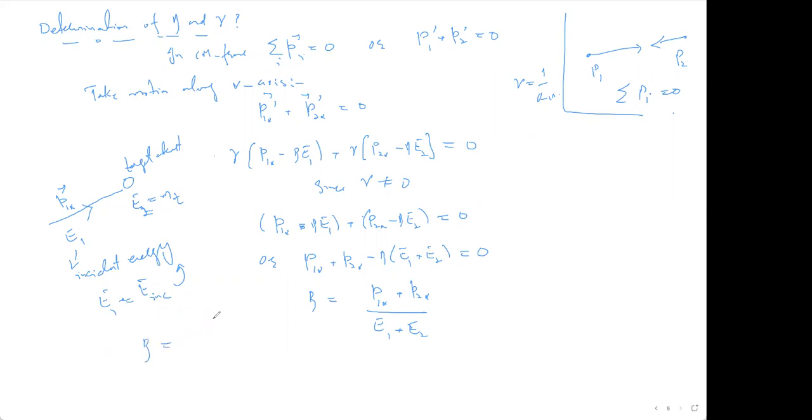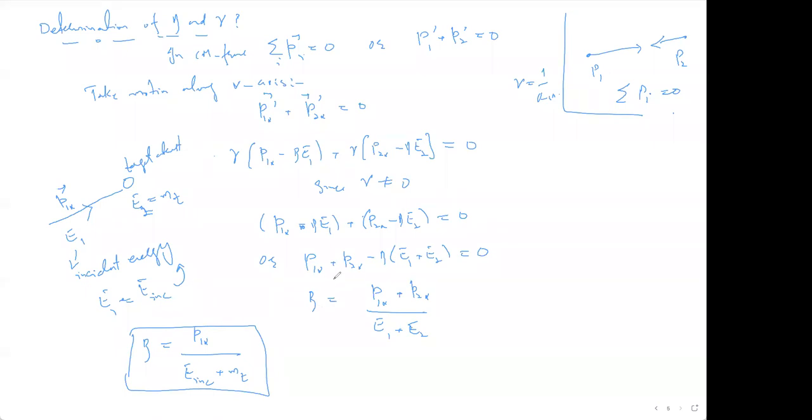Beta will be equal to P1x divided by E1, since P2x is equal to 0 because the particle is at rest. E1 is E incident plus E2, and E2 is nothing but the target mass. So this is the expression for beta.